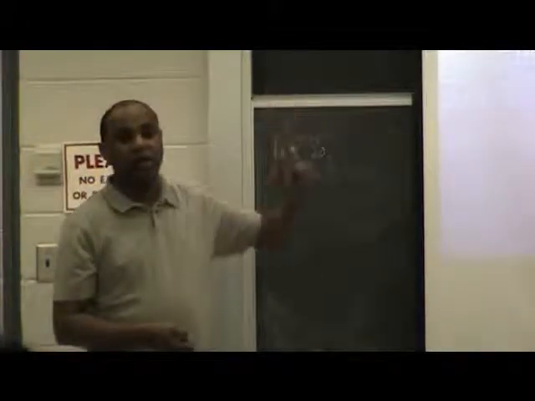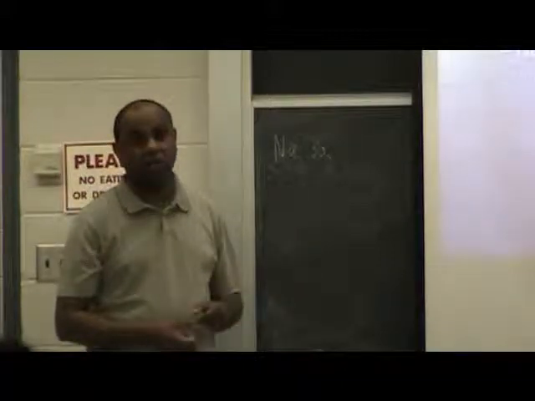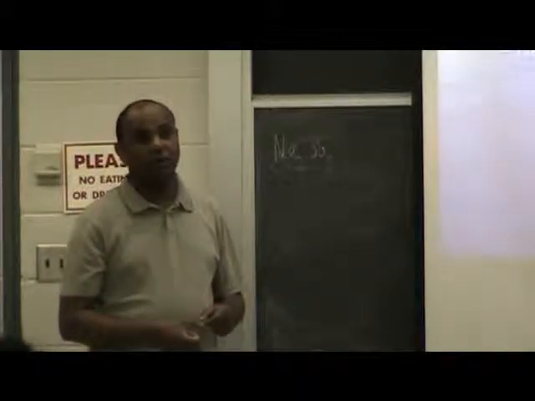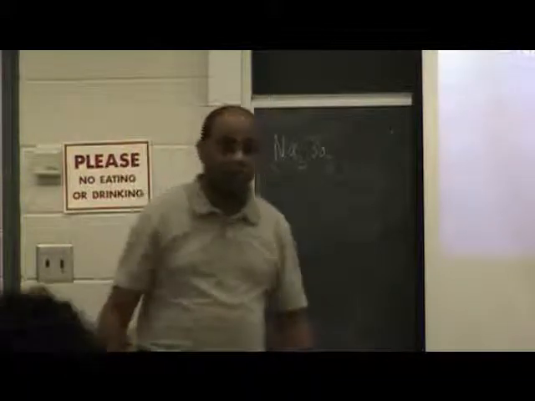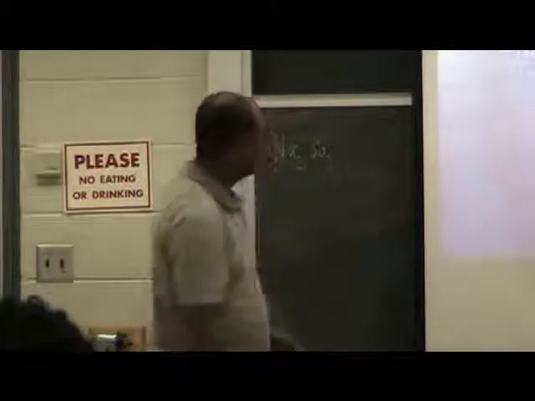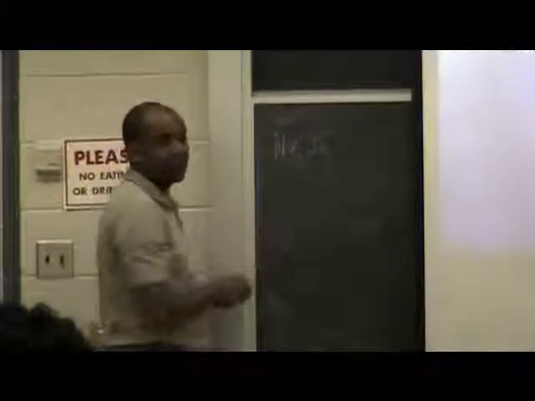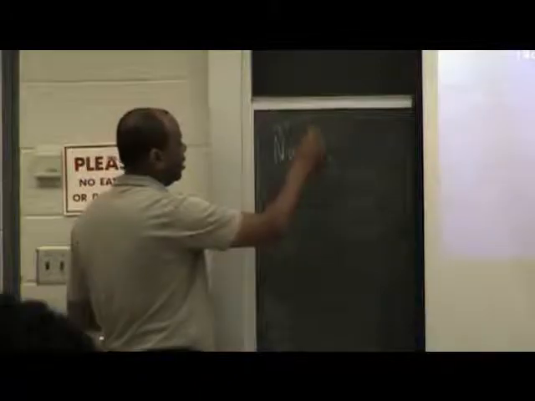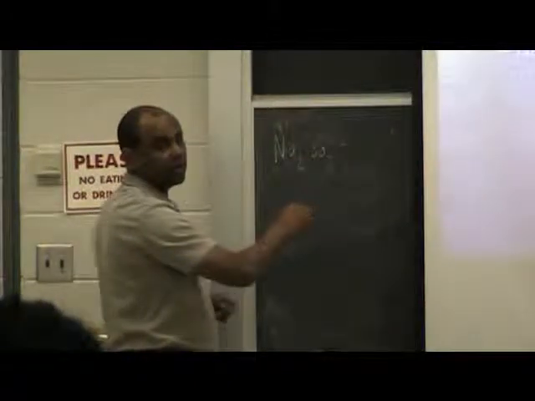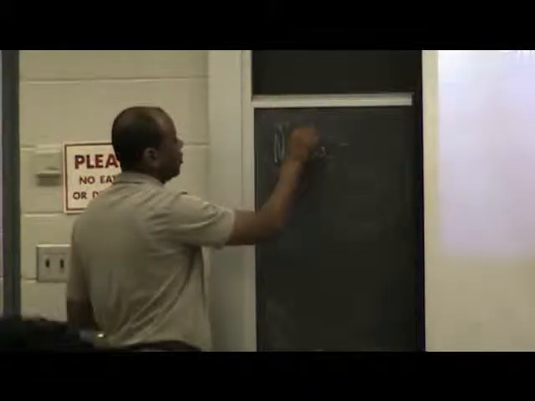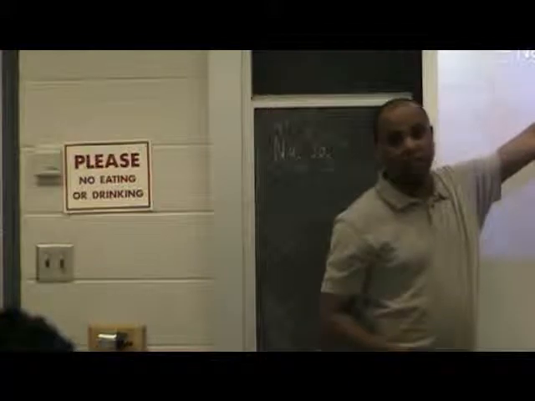For a monatomic ion, the charge is the same as the oxidation number, even if it's in a combined state. If it is in a neutral state, it's going to be 0. So in this case, sodium is going to be plus 1. Oxygen is going to be minus 2, right? Sulfur is going to be X, because that's what we're looking for.